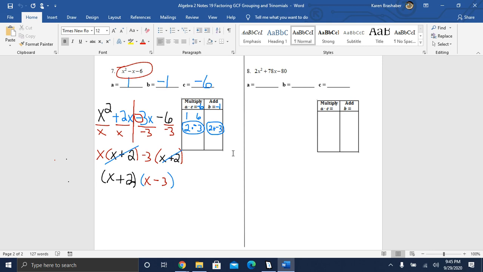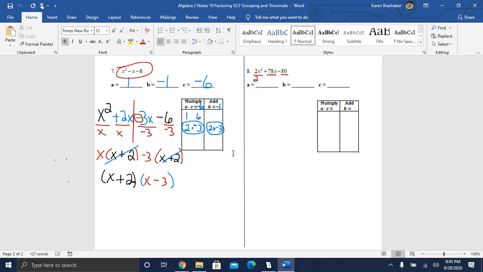We're actually going to talk about that technique in your next lesson. So this one has something that we can do to take care of having a 2 in front of the x squared. You should always look to see, can you divide anything out of all 3 numbers? And we can.